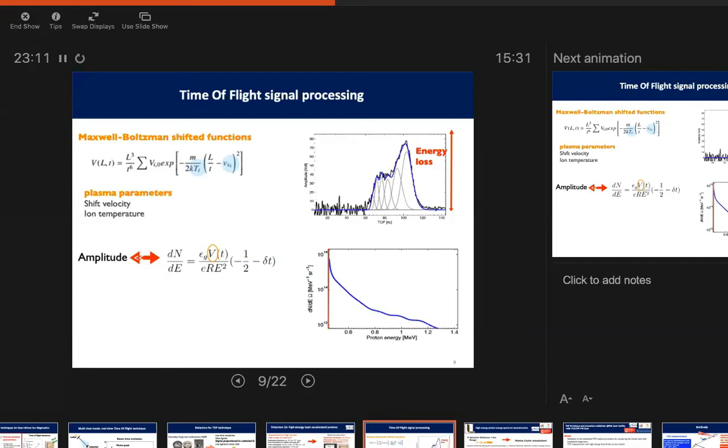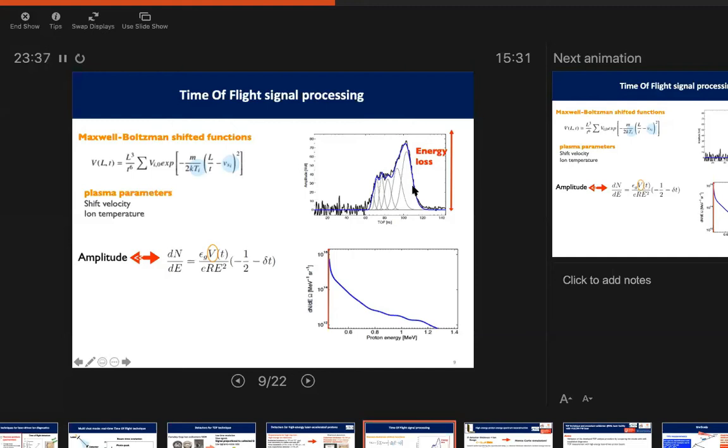But the shift velocity, you also change a little bit the KT factor, the temperature. You change this factor a little bit to fit the signal better, but it's more or less the same. The shift velocity depends on the energy.